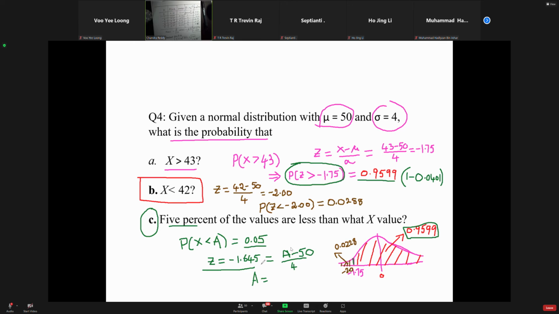So you can write A as 50 minus 4 times 1.645. If you do this calculation, the value will be 43.42.